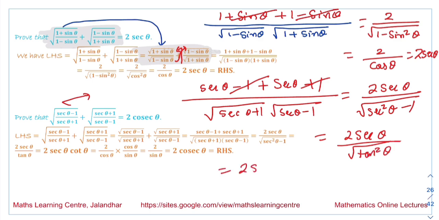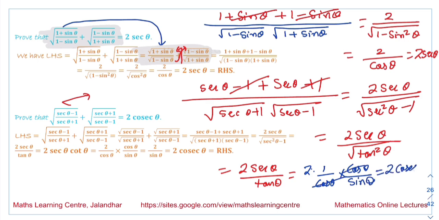So the answer we are left with is 2 times secant theta over tan theta. So this term will become 2 times 1 by cos theta into cos theta over sin theta. Cos theta gets cancelled and the answer we are left with is 2 times cosecant theta, and this is equal to RHS.